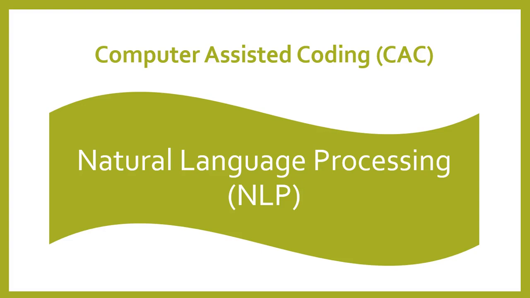And a lot of these systems utilize a product called natural language processing. So this is like a system that converts our human language into data that is then able to be manipulated by the computer system.